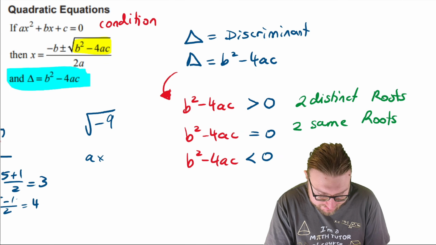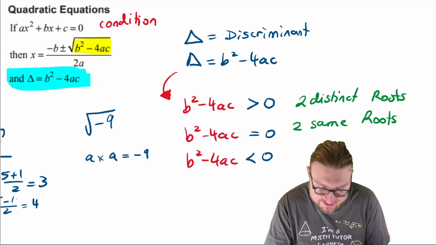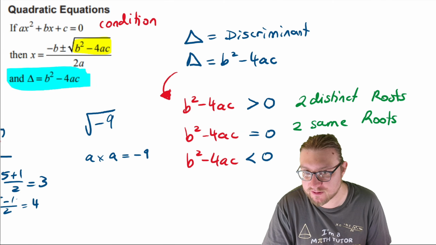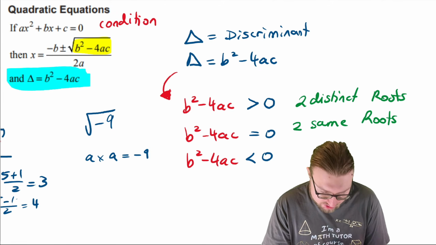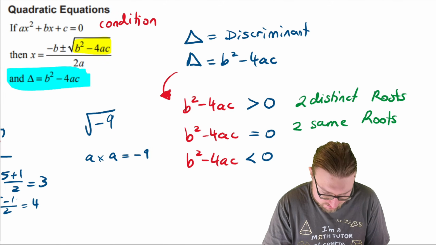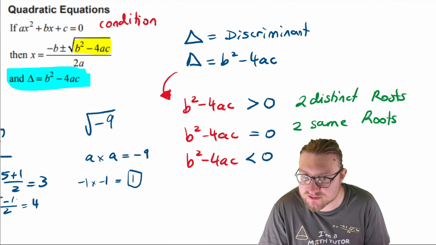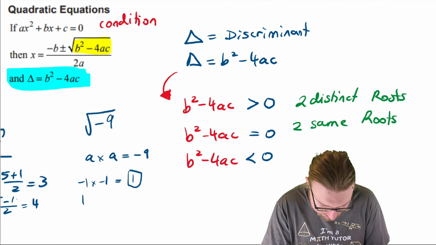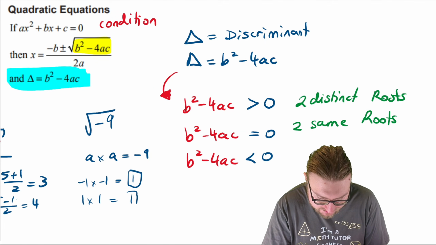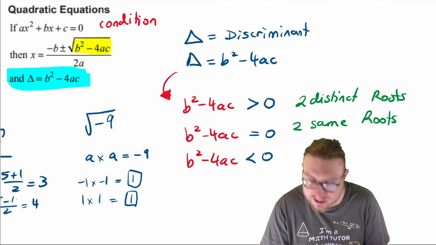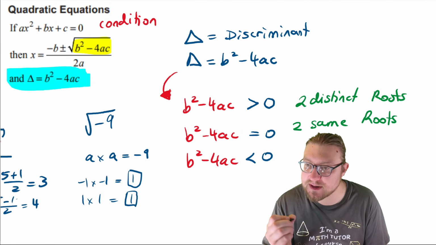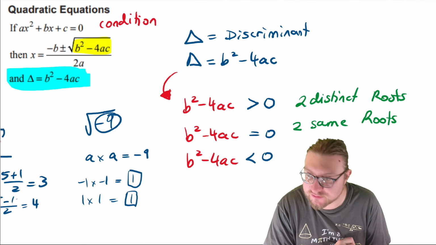Which two numbers that are the same give us a negative number when we multiply them together? If we choose a negative number, so negative 1 times negative 1, for example, we still get a positive as the answer because two negatives together make a positive. And if we choose a positive, then we still get a positive afterwards. So multiplying two of the same numbers together cannot be negative 9.